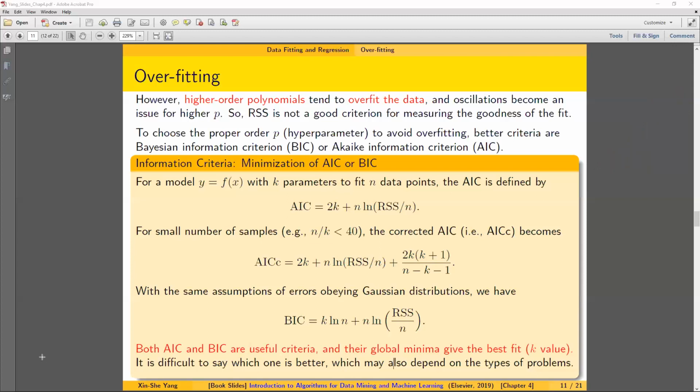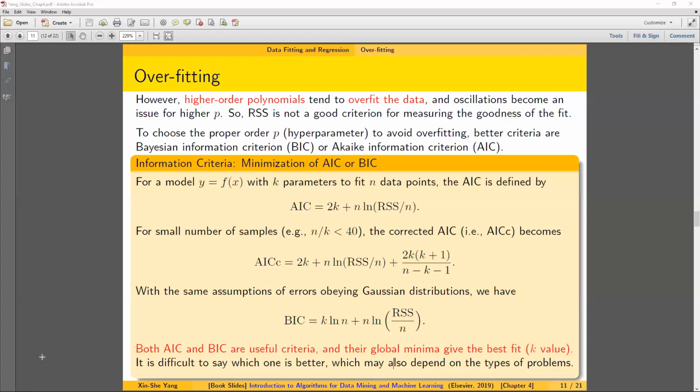Now we use two other metrics to measure the goodness of fit. One of them is called AIC, the second one is called BIC. BIC is the Bayesian information criterion, and AIC is the Akaike information criterion. You would realize that AIC and BIC have some sort of relationship.